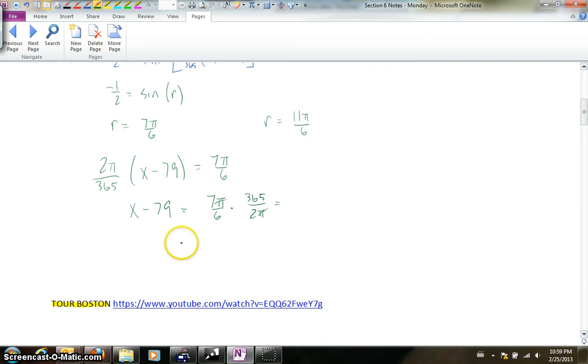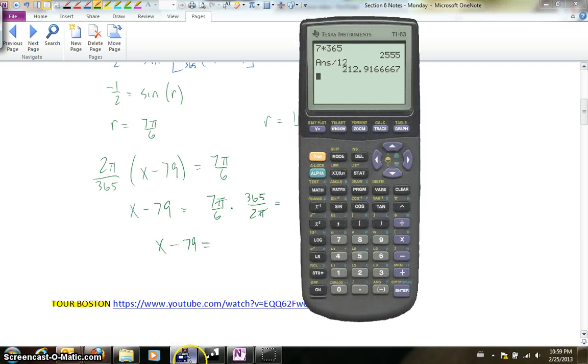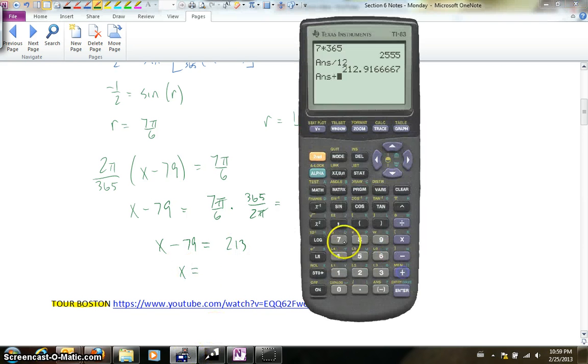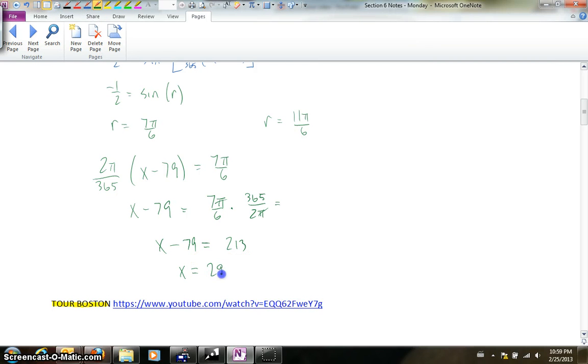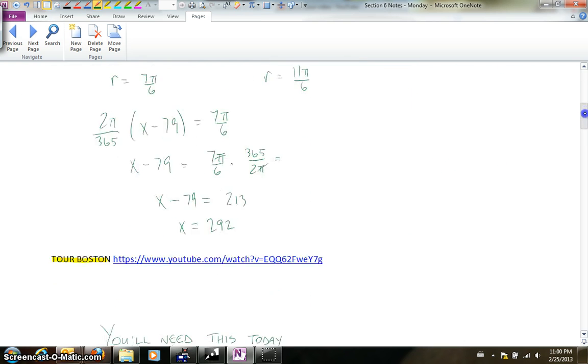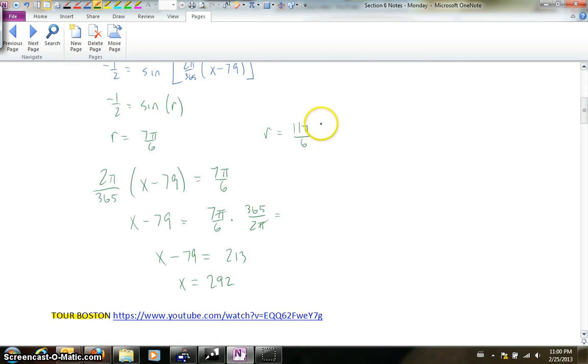So we get x minus 79 equals 213. So x would equal 292. So day 292 of the year would have 10.5 hours of daylight.